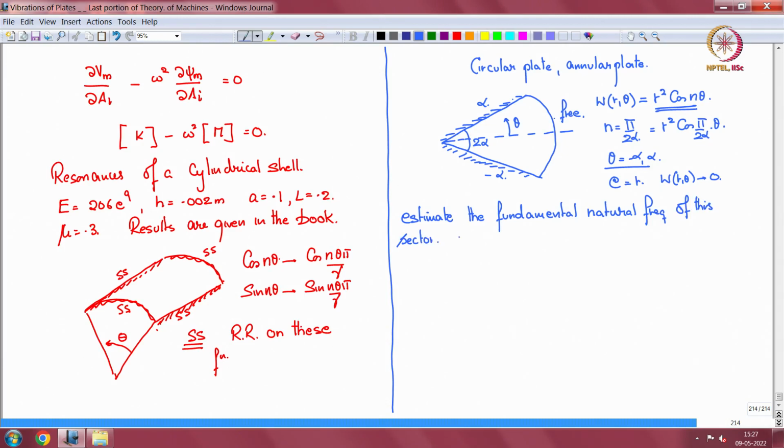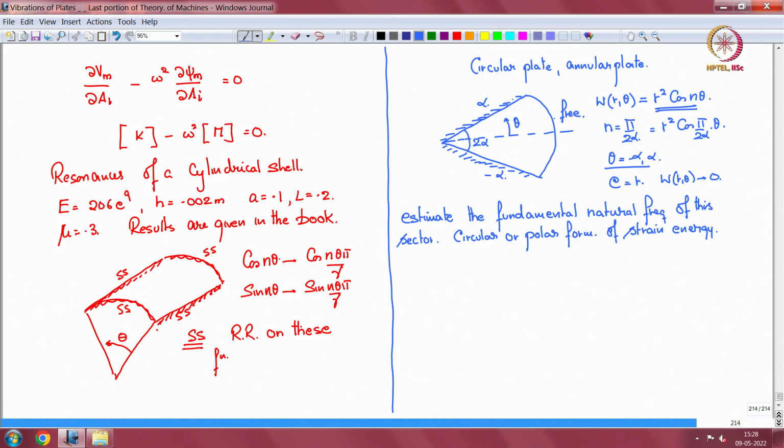You should use the circular or polar form of the strain energy. I have given it through a paper, or it is computable from the general form, that also I have given. Okay. That is how you can estimate the natural frequency of a sector.